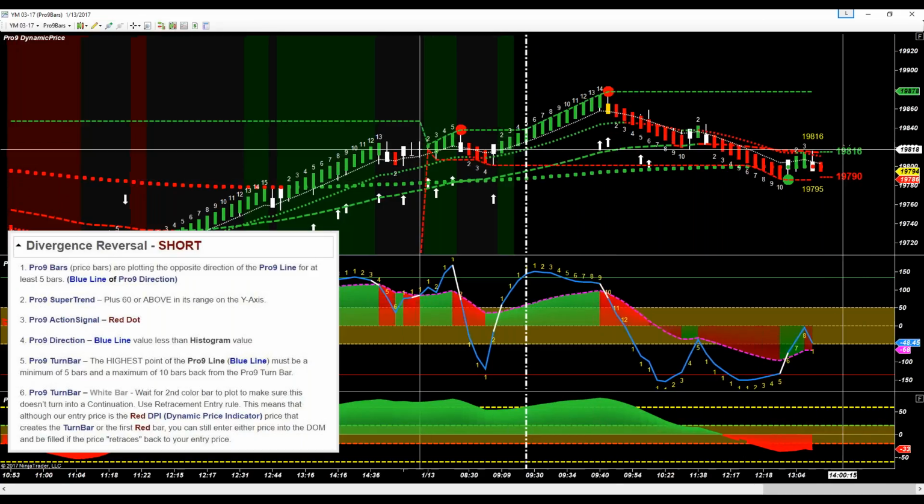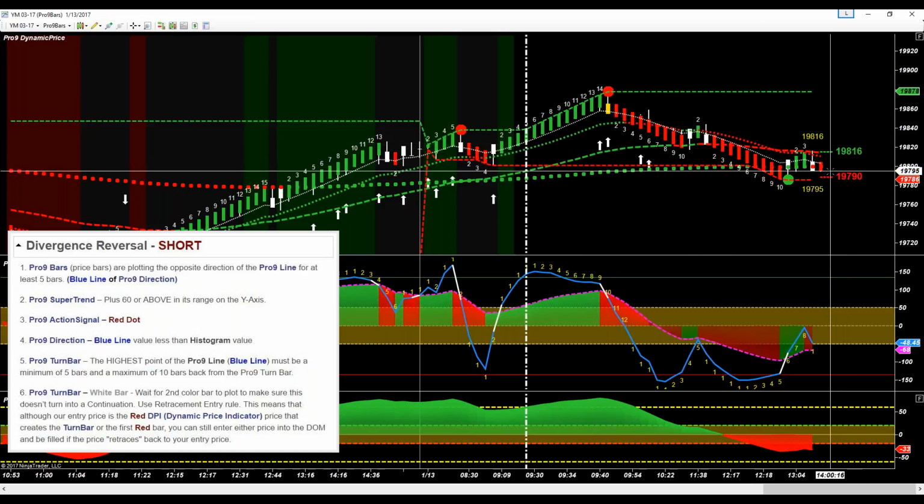And for anyone not familiar, we did just see the yellow DPI. If you haven't spent a lot of time with the most recent version of Pro9, the yellow DPI basically warns you that you're not clear of the 200. So it's also a warning saying, hey, slow down, we don't have enough space before we run into the 200.